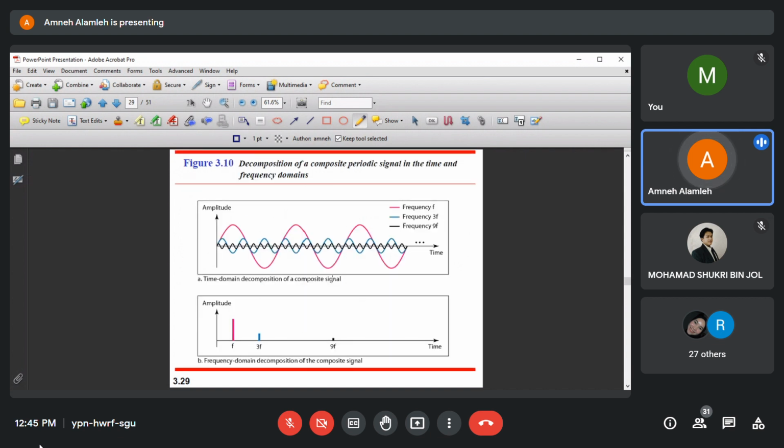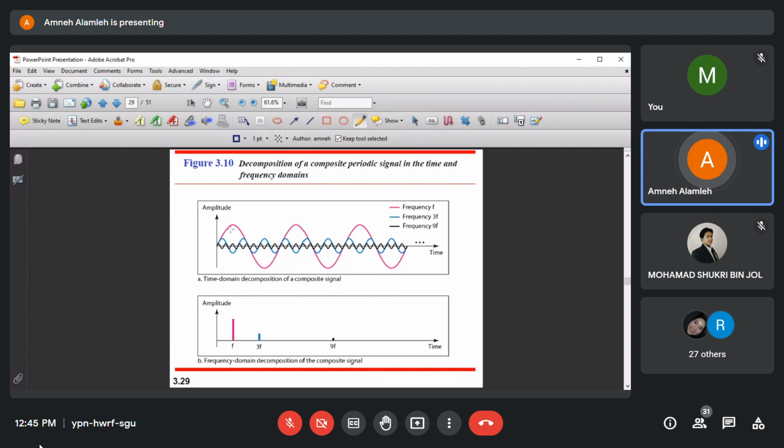In data communication, we can have the decomposition of a composite periodic signal. By composite we mean it contains more than one sine wave. Decomposition of a composite periodic signal in the time and the frequency domains.